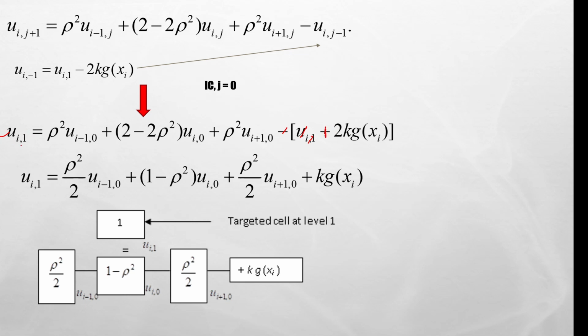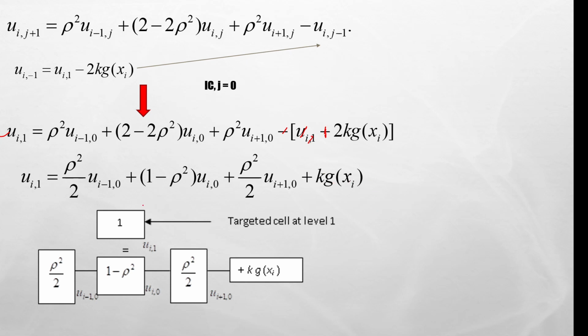What you want is actually 1 time of u_{i,1}. That's why you divide both sides by 2. That's why you obtain rho squared over 2 u_{i-1,0} plus 1 minus rho squared u_{i,0} plus rho squared over 2 u_{i+1,0}, and because you already collected 2 times, negative negative becomes positive, and then divide by 2, so it becomes plus k g(x_i).